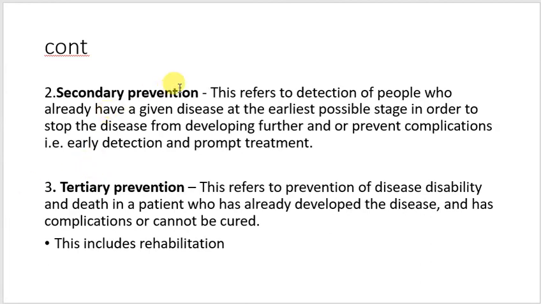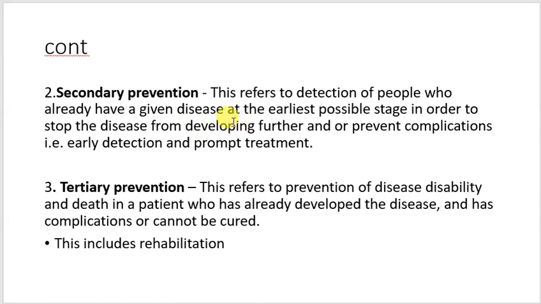In secondary prevention, someone has already developed a disease. What we do is prevent that disease from developing a complication, from developing an advanced stage. So we identify the disease at the earliest possible stage, and then we give prompt treatment at the early stage.